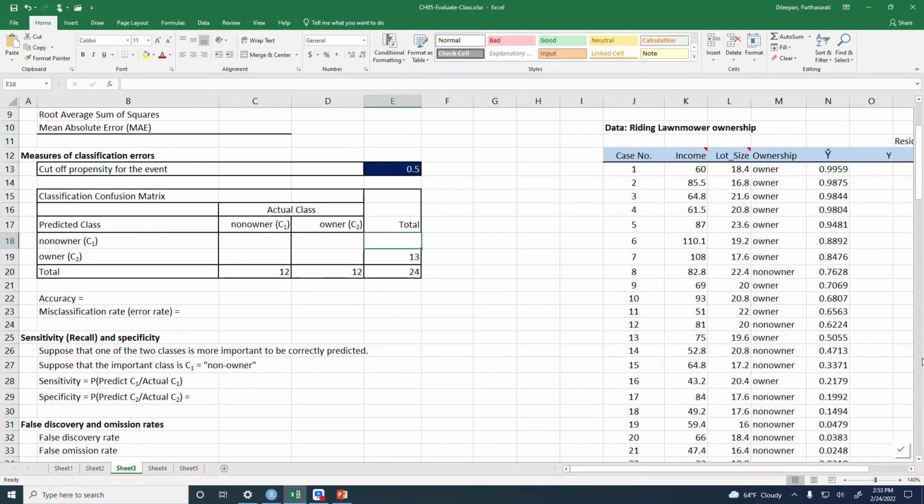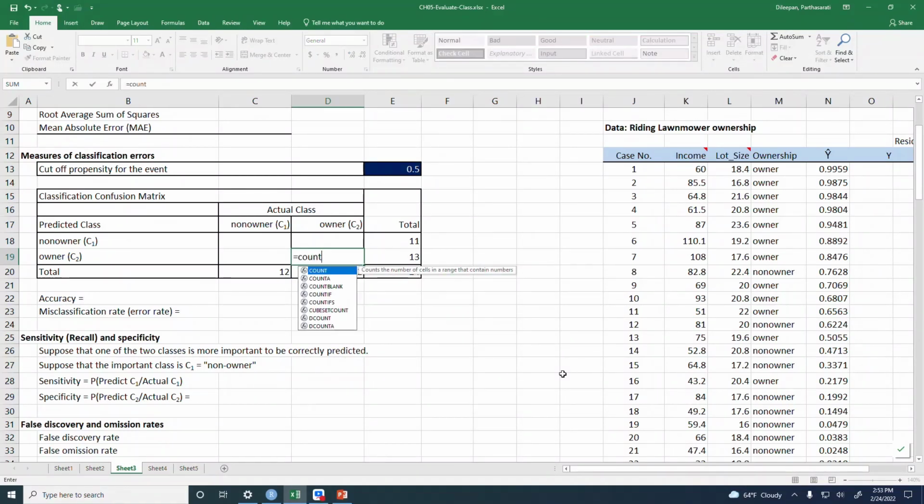Okay. So, and then once again, we can do this by difference. Okay. That good? All right.